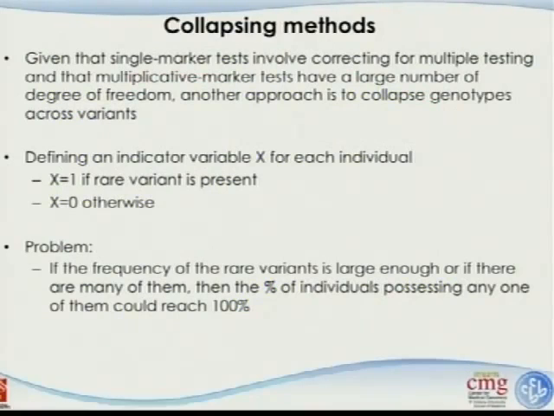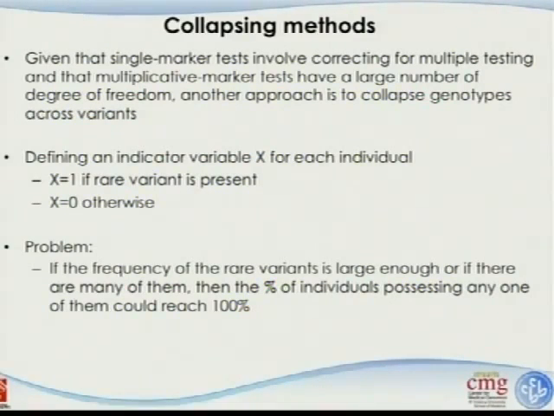The real method that people are using currently is something called collapsing methods. The rationale is that the single marker test involves correcting for multiple testing, and multi-marker tests have a large number of degrees of freedom, so another approach is collapsing the genotype.